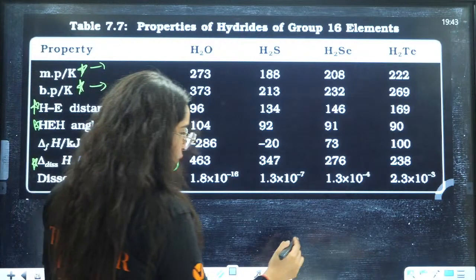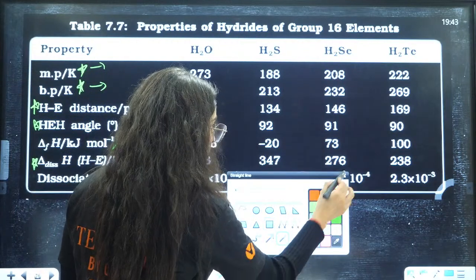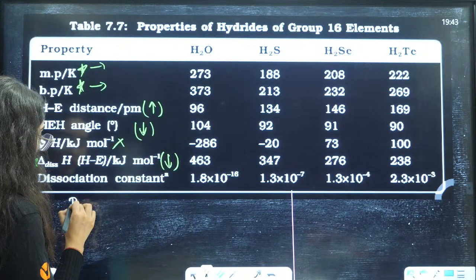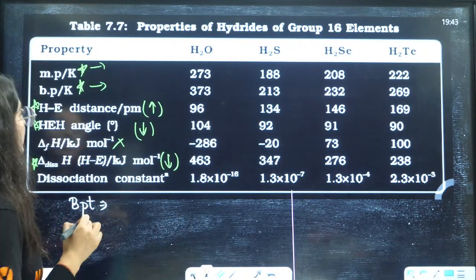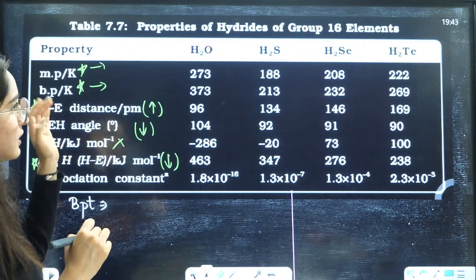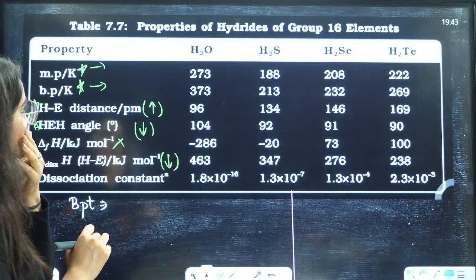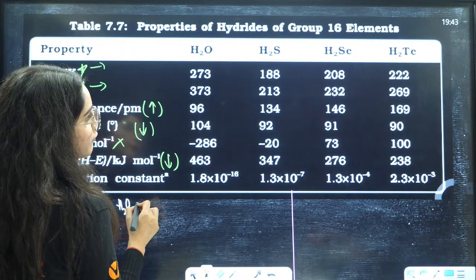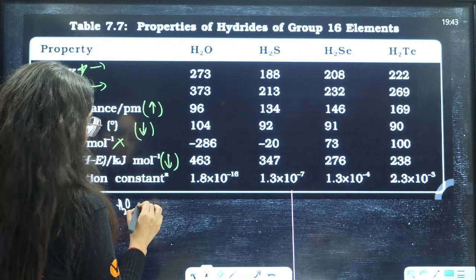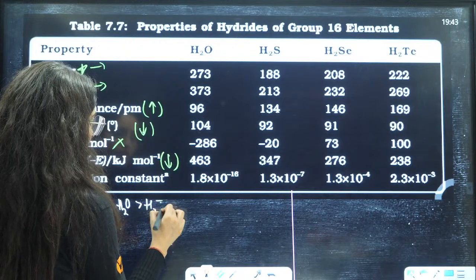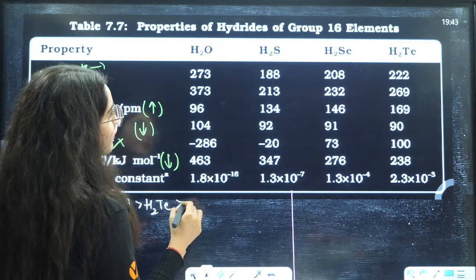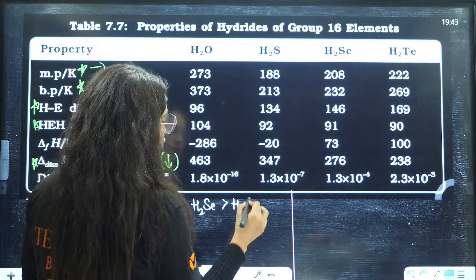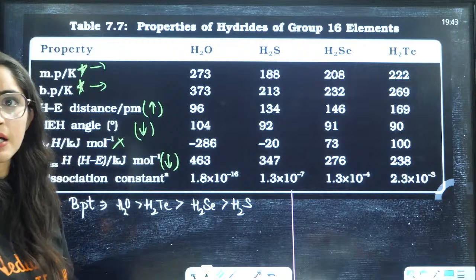Firstly, let us write what about the boiling point, right? Boiling point, we can say that maximum is for water, H2O. Then you have H2Te. Then you have H2Se. Then minimum is for H2S, right?